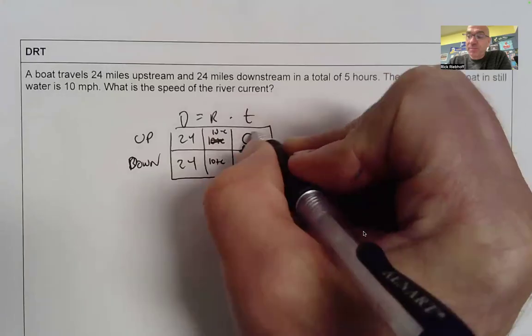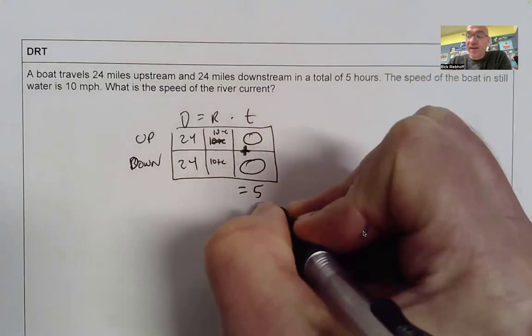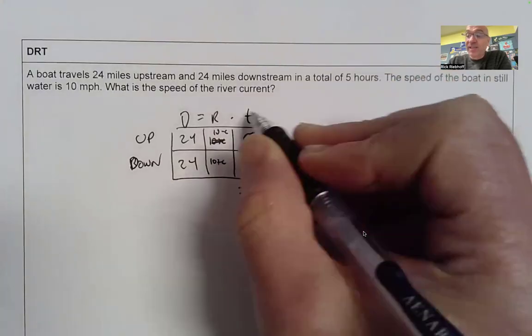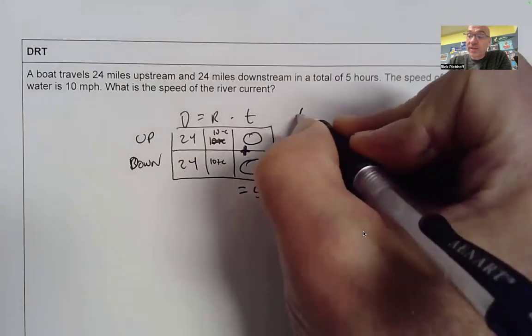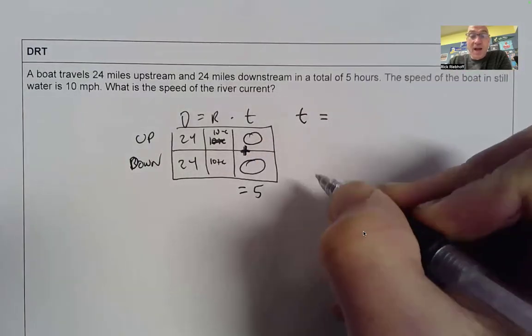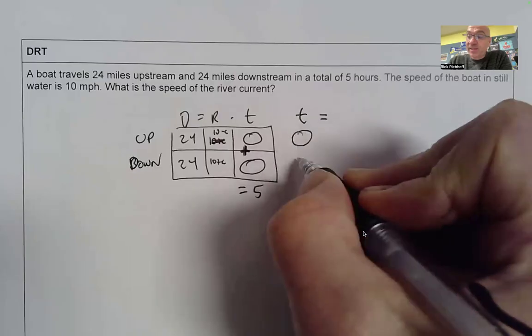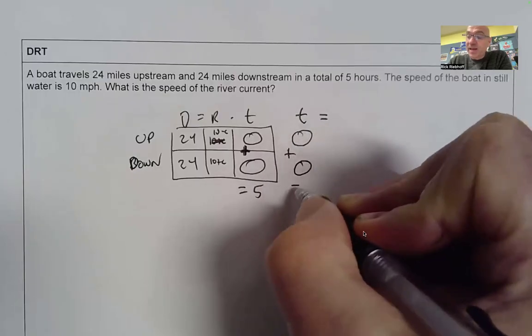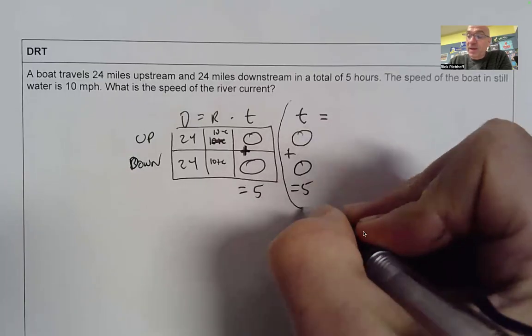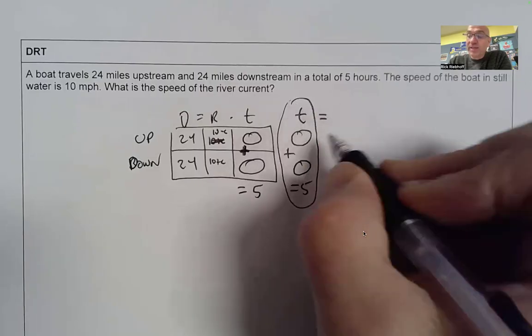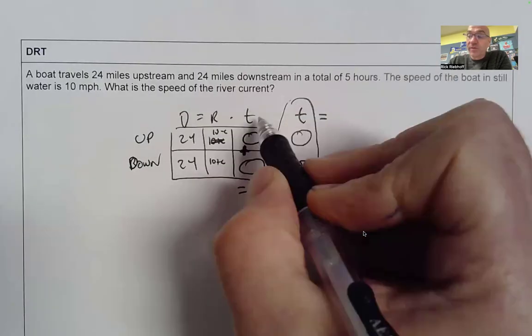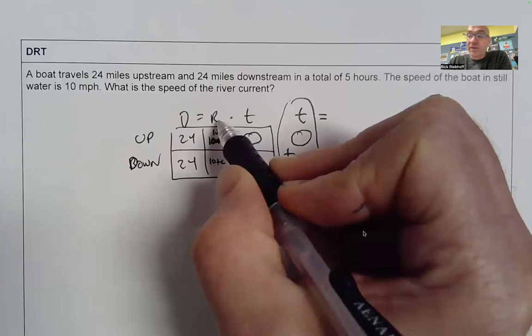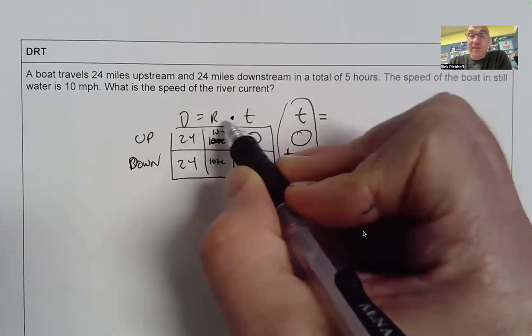I know that this plus this equals 5. So if I can have t solved for, I could add this plus this, and I know they're equal to 5. That can become my equation. So what is t equal to if I wanted to solve for t? What would I have to do to this r? They're multiplying right now.